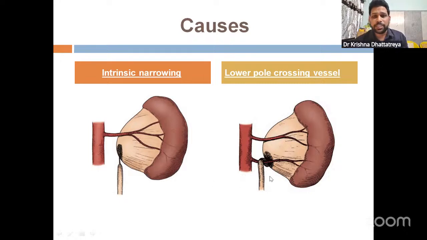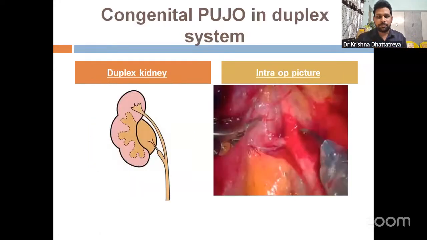In the second picture, you can see a lower pole crossing vessel. Because of compression from this crossing vessel, there is dilatation of the pelvis. So these are the different causes. In the third picture, this is a duplex system where the upper pole ureter is normal, but the lower pole ureter has developed dilatation and congenital pelviureteric junction obstruction. This is an intraoperative picture.